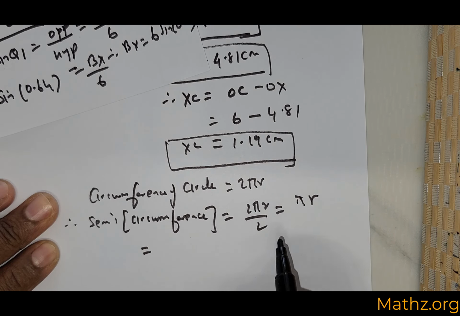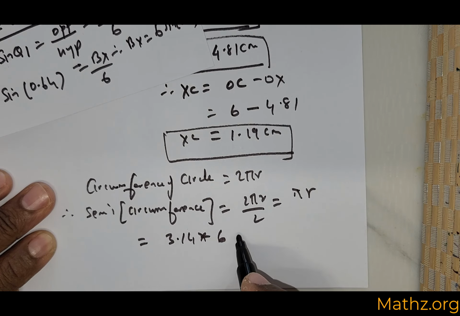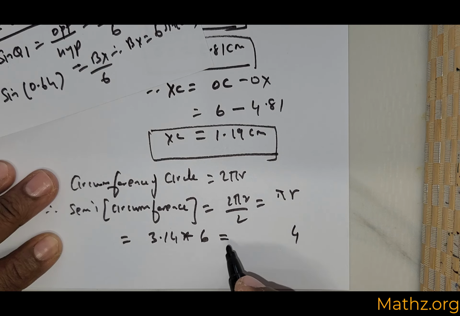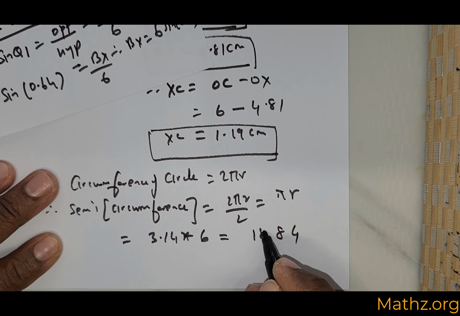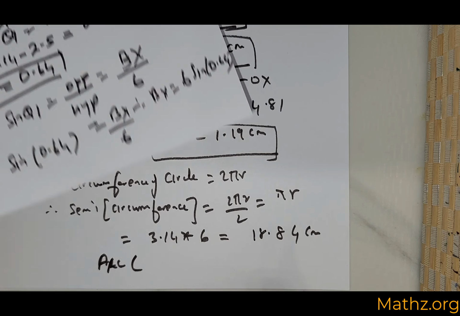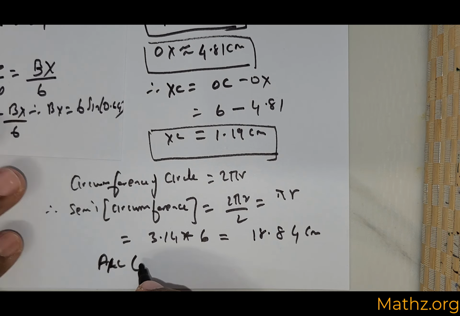Now you can take pi to be 3.14 and multiply by 6, because r is 6 units. 6 4s are 24, 2, 8 and 6 3s are 18. So this is 18.84 for the semicircle. So the arc BC has to be obtained.